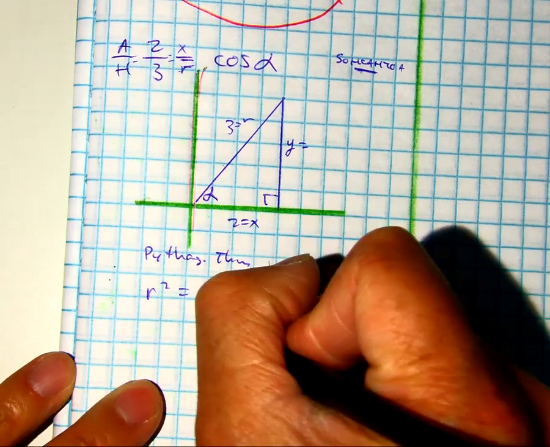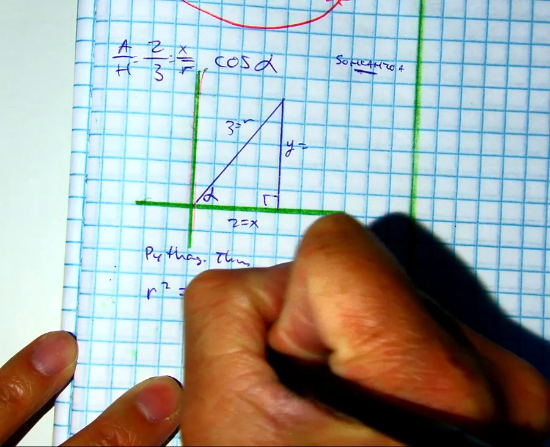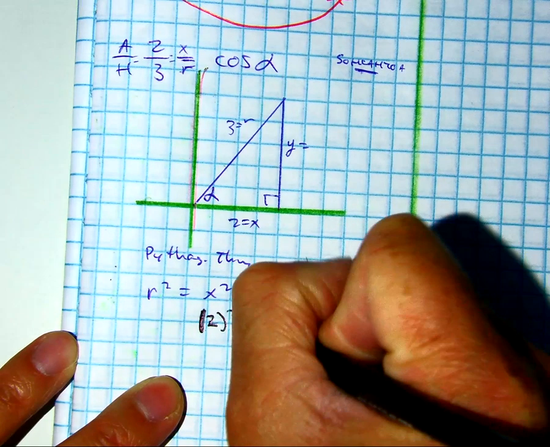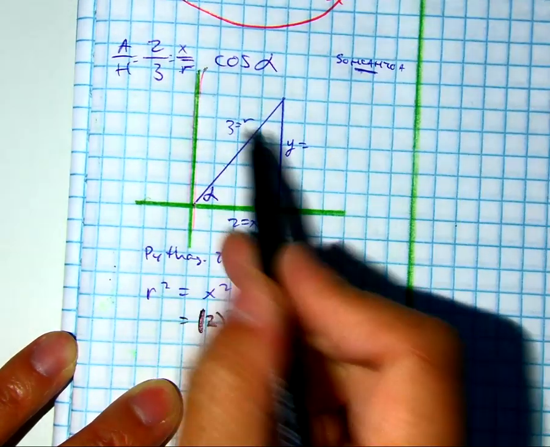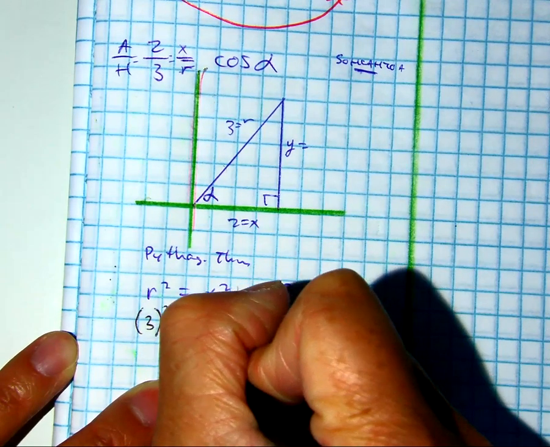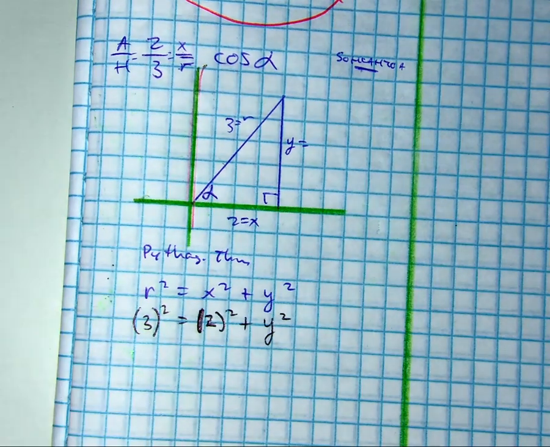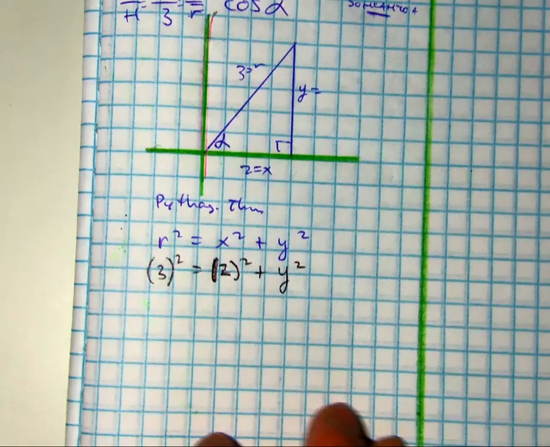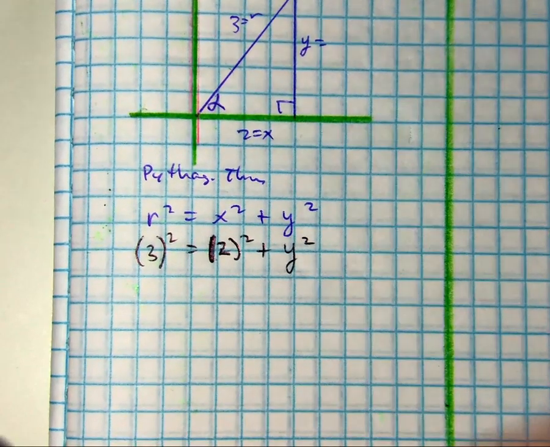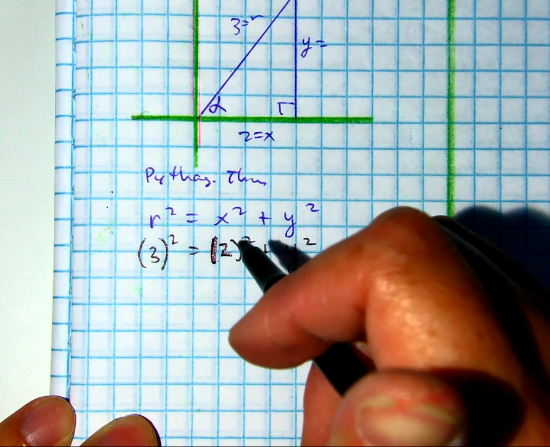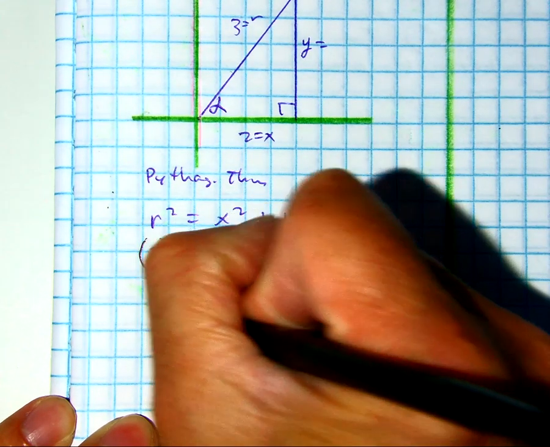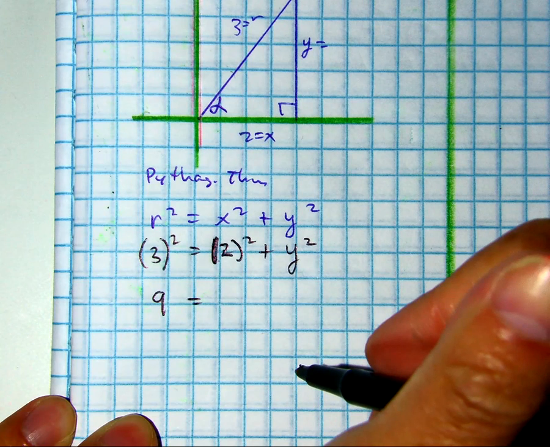X is 2, the y value we don't know, and the r value is 3. No shame, use your calculator. 3 squared is 9, plus 2 squared.